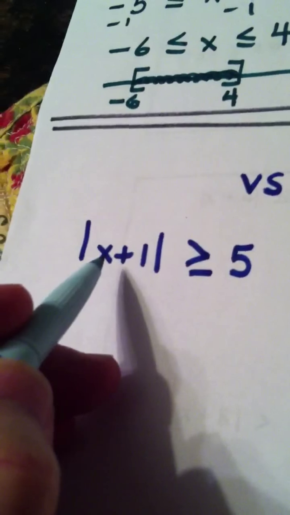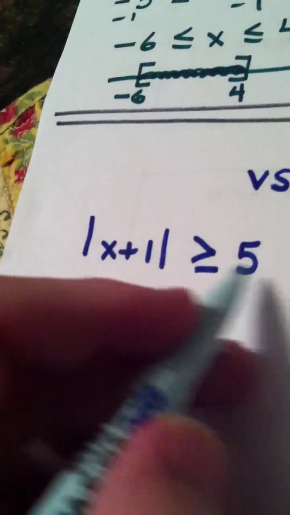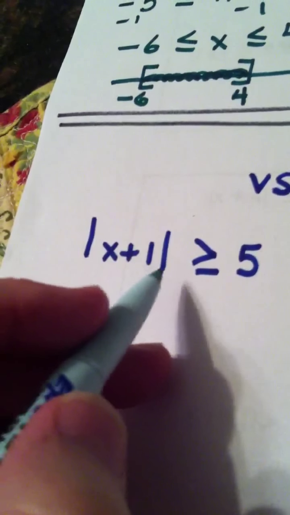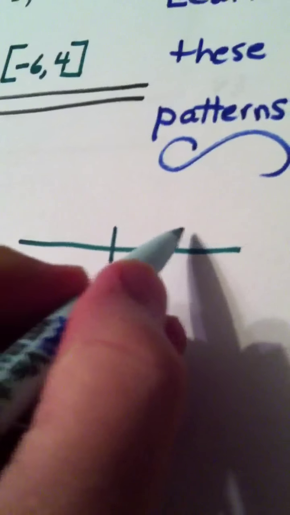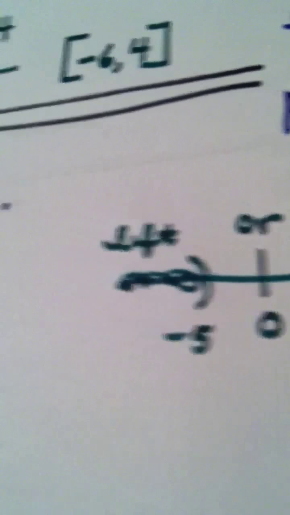Okay, think about where that would be on a number line. If you are more than 5 blocks away from 0, what that would mean on a number line, let's say 0 is here, you're either to the right of 5 or you are to the left of -5. Okay?